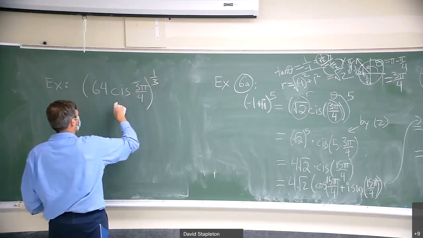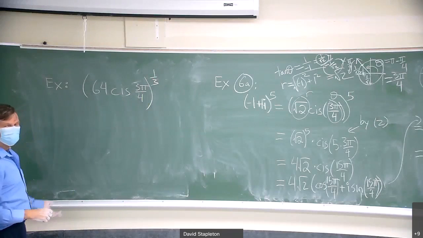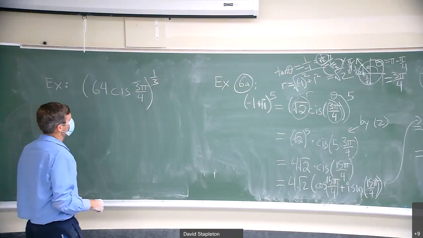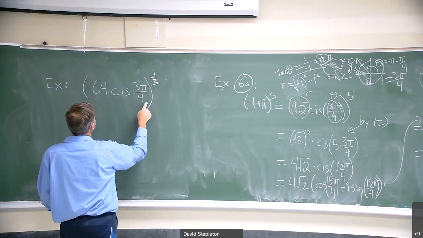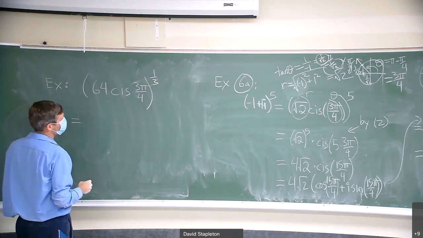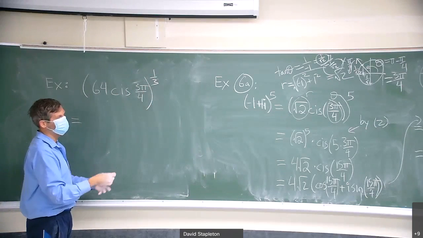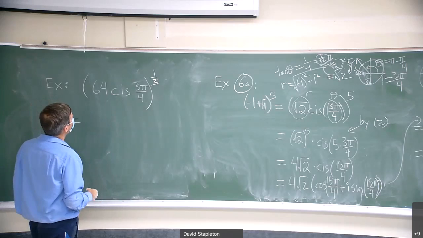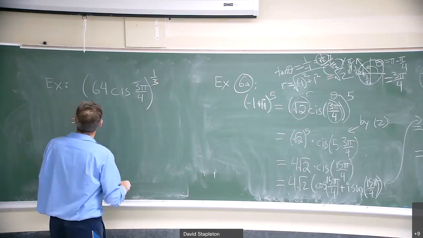I'm going to take the cube root. How many of those are there? It's a cube root, there's 3 of them, right? So we expect to get 3 complex numbers, each of whose cube is this number. This kind of stuff is fairly easy when you start, but when you start building and building, it starts to get tricky.